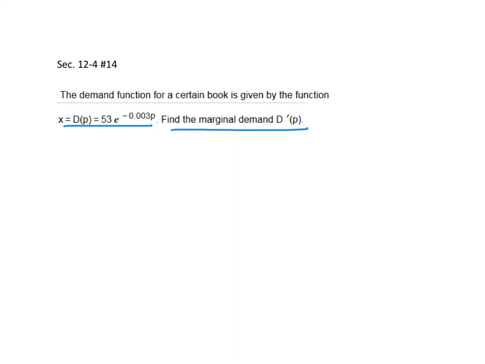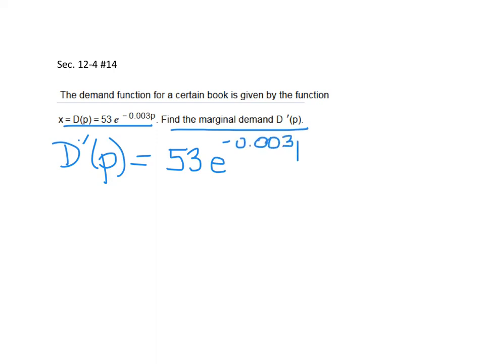So, to begin, d prime of p: the 53 is going to ride along as before. e is going to still be raised to that same power, negative 0.003 times p.